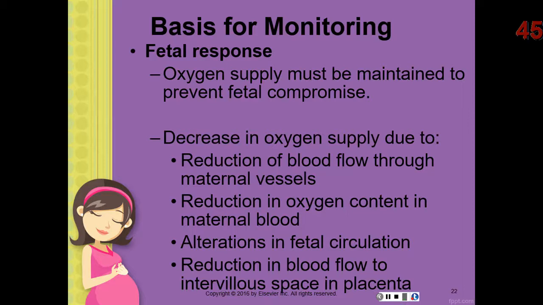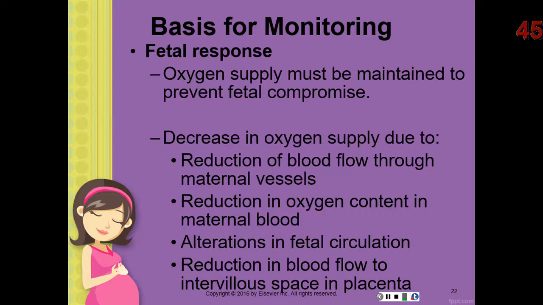Sometimes babies squeeze their cords, or the cord gets caught between the baby and the wall of the uterus, and during contractions, or even when we're not having contractions, the cord can get compressed. There's also head compression when mom's pushing during a contraction; if the head is getting a lot of pressure, the heart rate might go down.